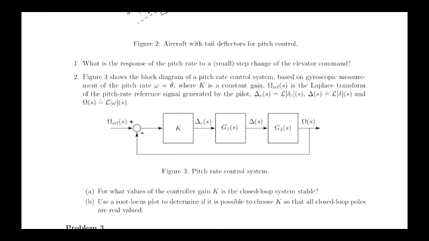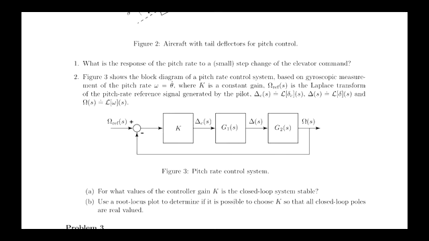Because when the pilot puts a step command for the pitch rate in, it just wants the aircraft to start pitching up at a constant rate. It doesn't want to have this happen as it's doing it, right? He'll throw up, okay? So it's a reasonable question to ask.